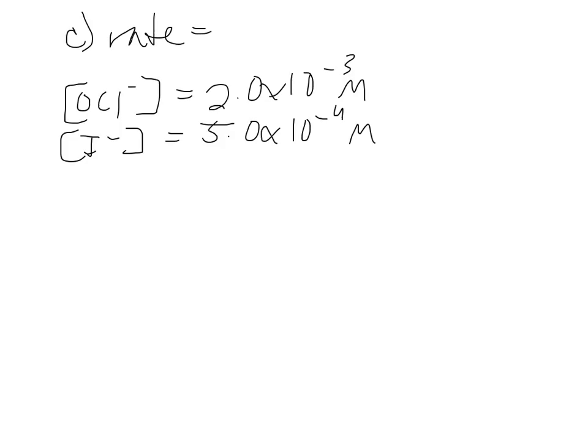Now the rate law that we got before was equal to k times the concentration of OCl minus times the concentration of I minus, both of which were to the first order.